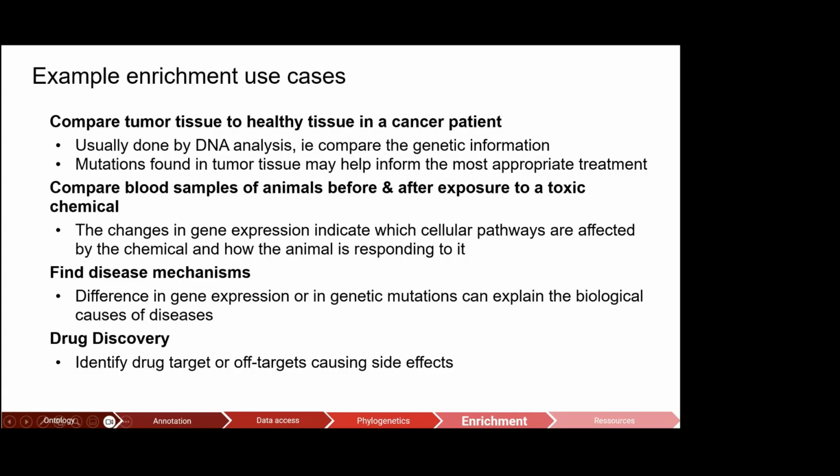Also, you compare expression of genes in a patient having a disease and a healthy patient. You can use it in drug discovery. You know, look for side effects. So it's a very big use of GO, and GO is really important for that kind of research.